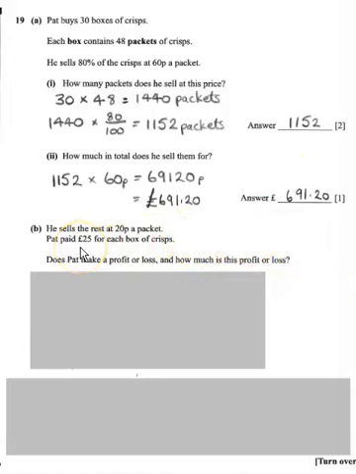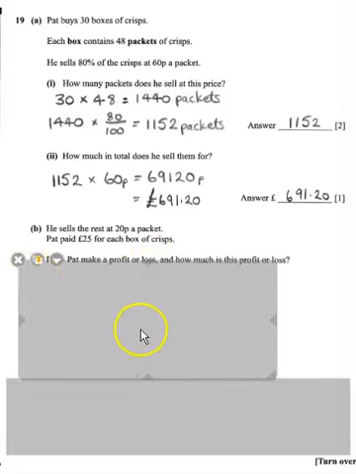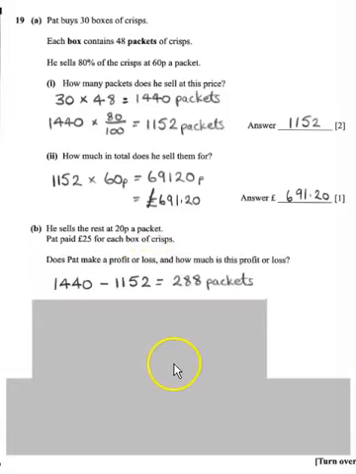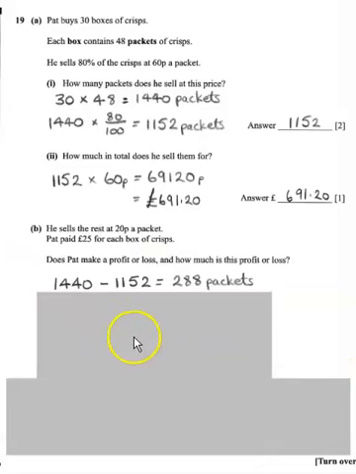Pat paid £25 for each box of crisps. Does Pat make a profit or loss, and how much is this profit or loss? So when you're dealing with profit and loss, you're basically wanting to find out the total he's bought and the total he's sold and see if he makes money or not. So for this first one, you would do 1,440 take away 1,152.